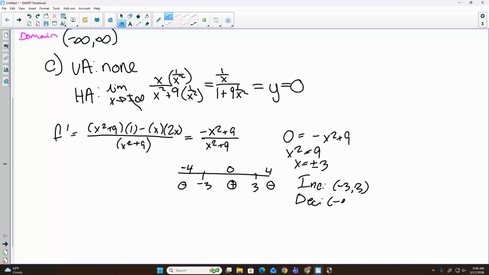Remember, when you're checking those signs, you're putting them back into the first derivative to check positive and negative. So there's increasing and decreasing and then critical points.